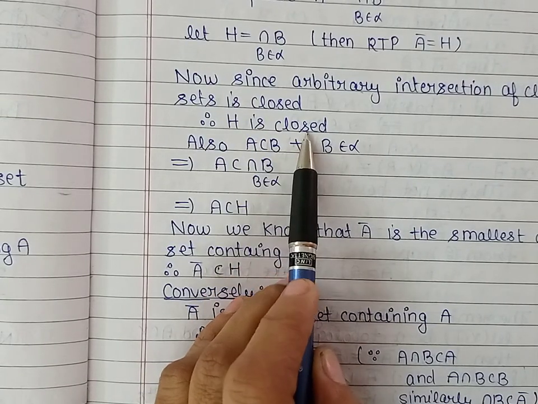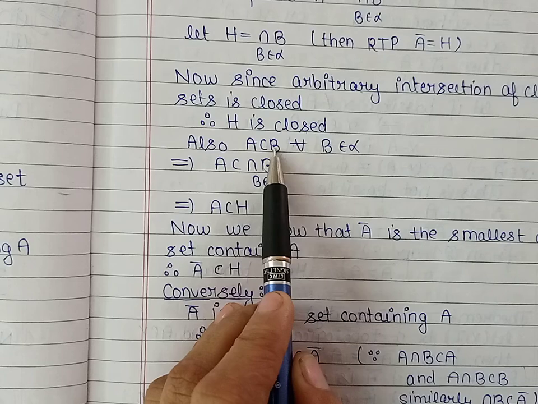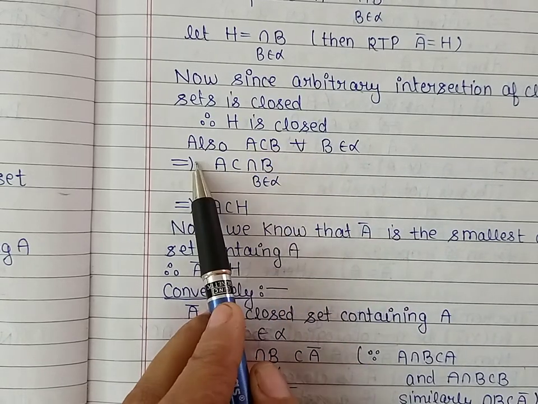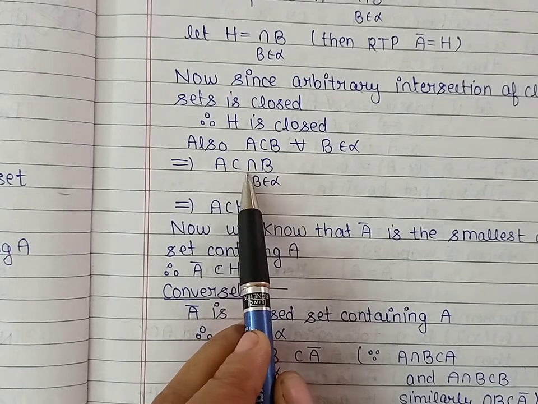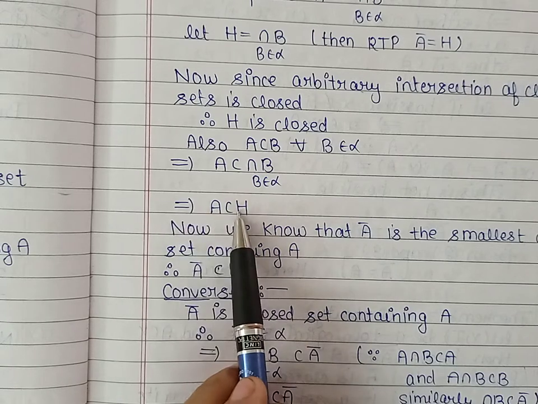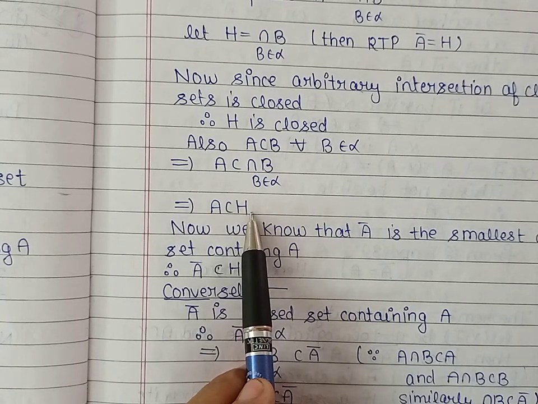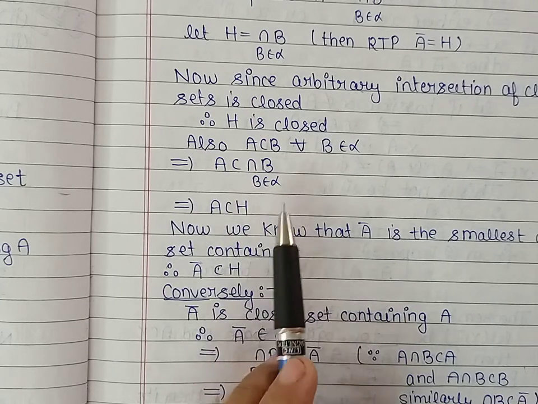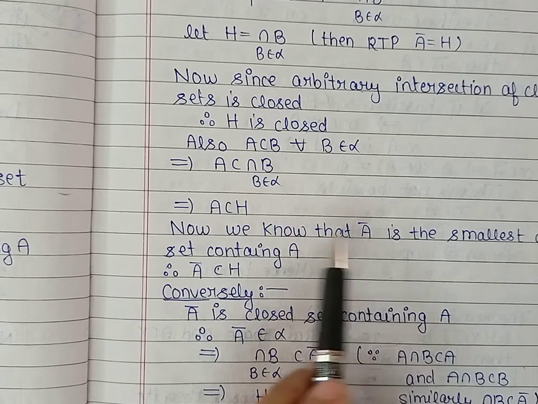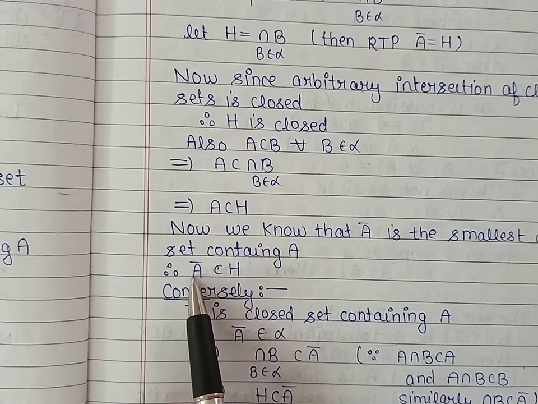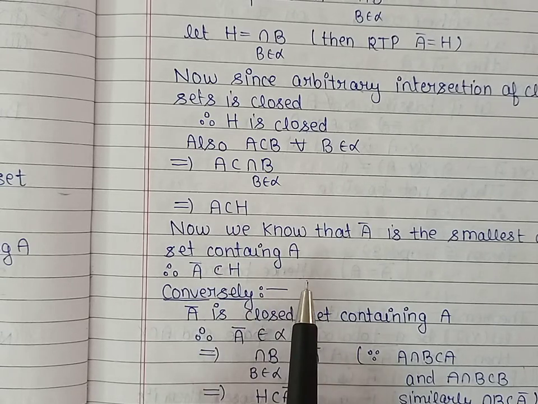And also because A is contained in B for every B belonging to alpha, A is contained in the intersection of all these members, and therefore we have obtained A is contained in H. Now because A closure is the smallest closed set containing A, by the definition of smallest, if any other closed set contains A, then A closure will be contained in that set.